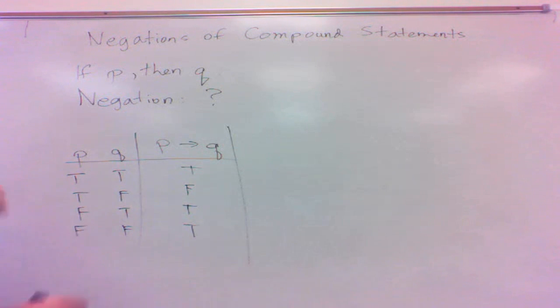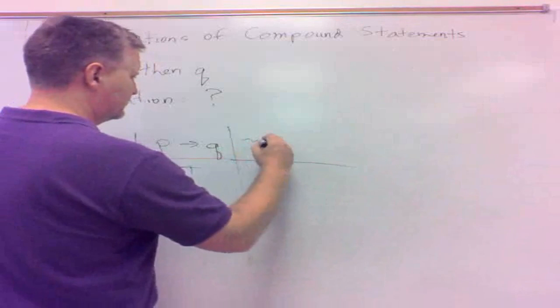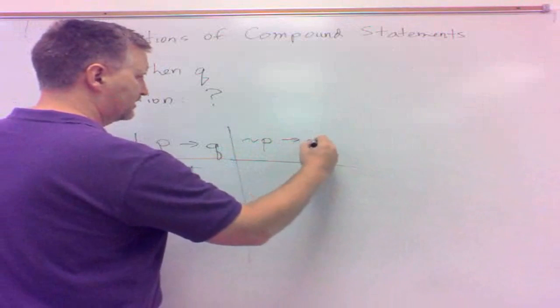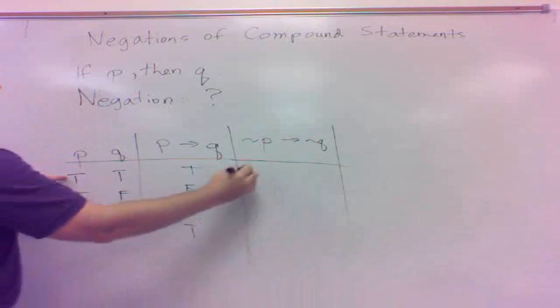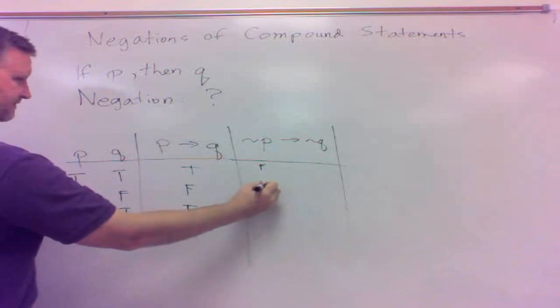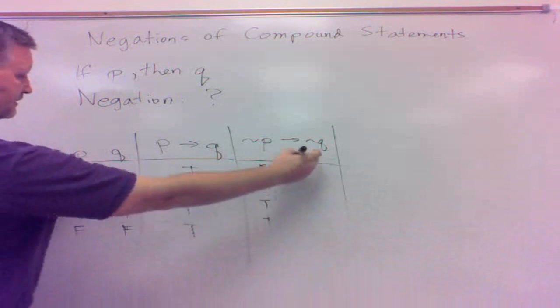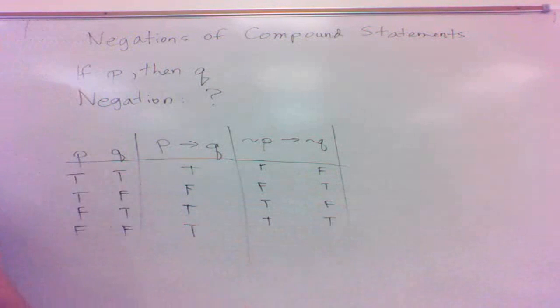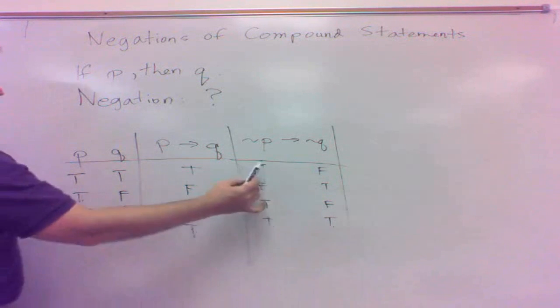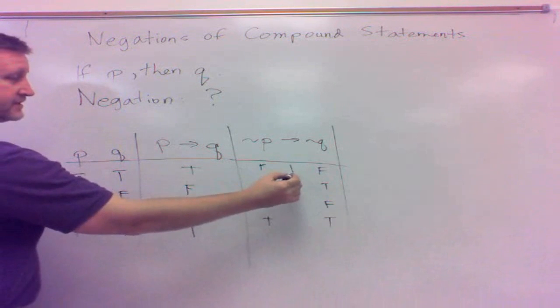Well, you might be thinking, why don't we just negate P, negate Q? Well, the reason we can't just do that is because notice we'll get not P is F, F, T, T, and not Q is F, T, F, T. And when we arrow those together, what do we get? F arrow F is true.